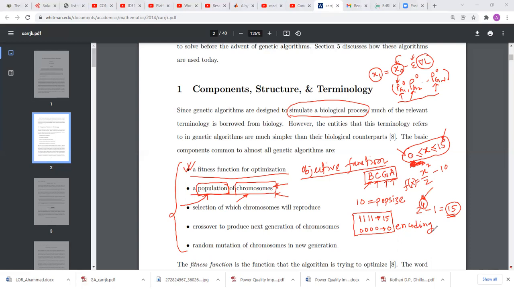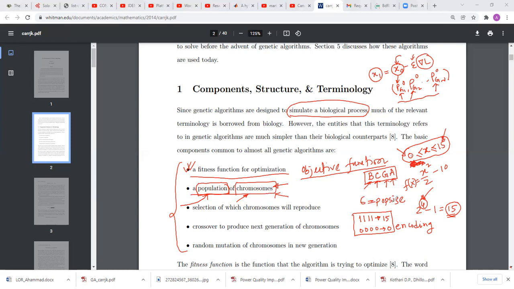Now why I am writing it is because I want to explain what is chromosome. Let's say I have taken pop size equal to 10. That means I can have any value from 0 to 15, and from that range I will choose 10 probable solutions. Let's make it smaller because we don't have enough space. Let's make it 6 to make life easy.